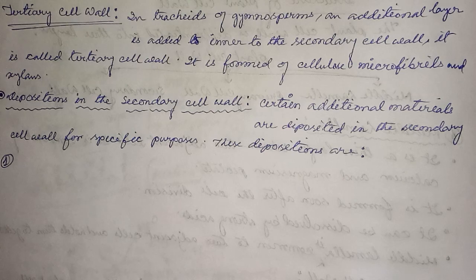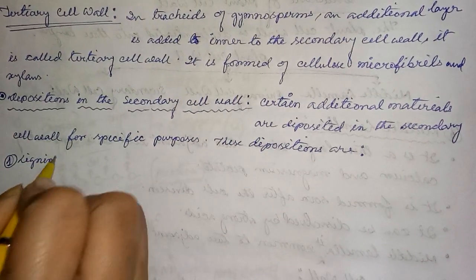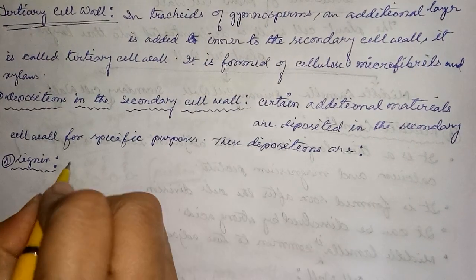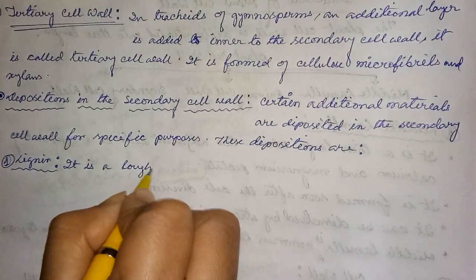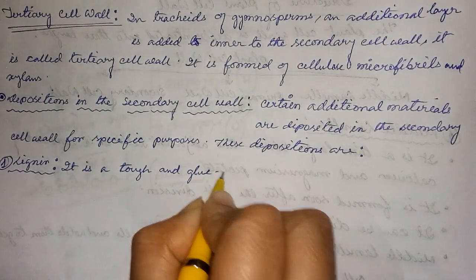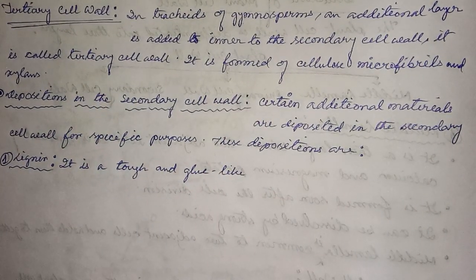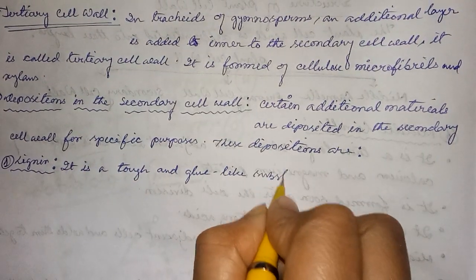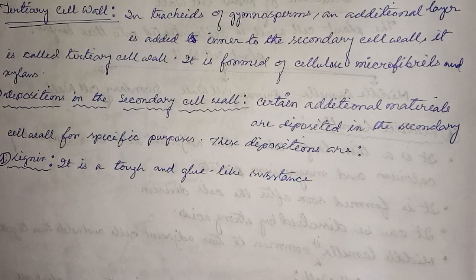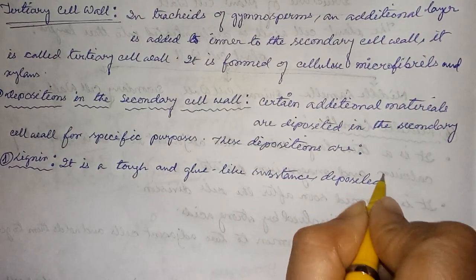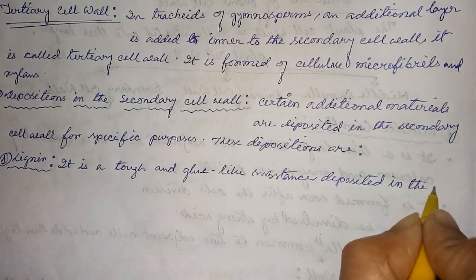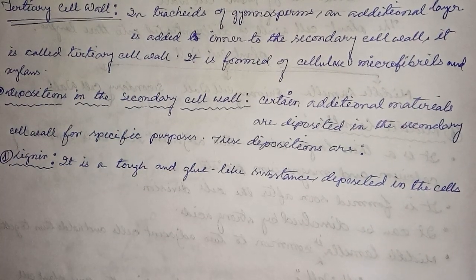One is lignin. It is a tough and glue-like substance deposited in the cells of woody plants.